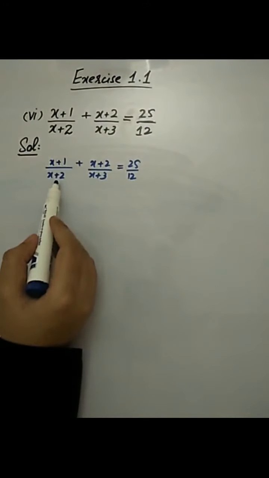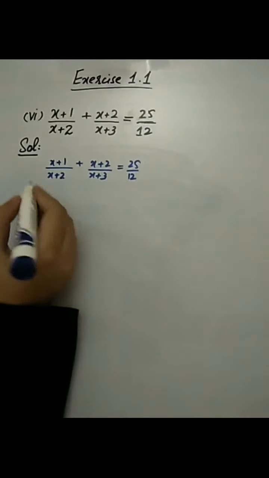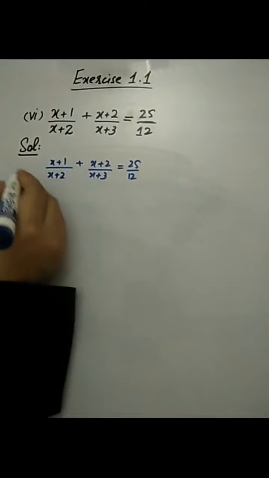x plus 1 over x plus 2 plus x plus 2 over x plus 3 is equal to 25 by 12. Multiply with 12 x plus 2 x plus 3 on both sides.